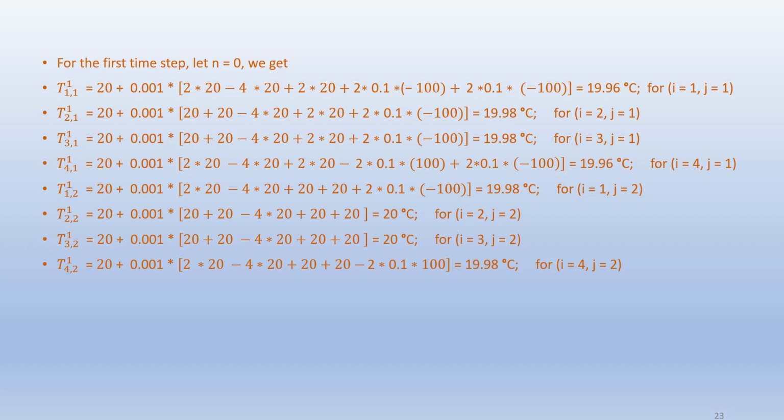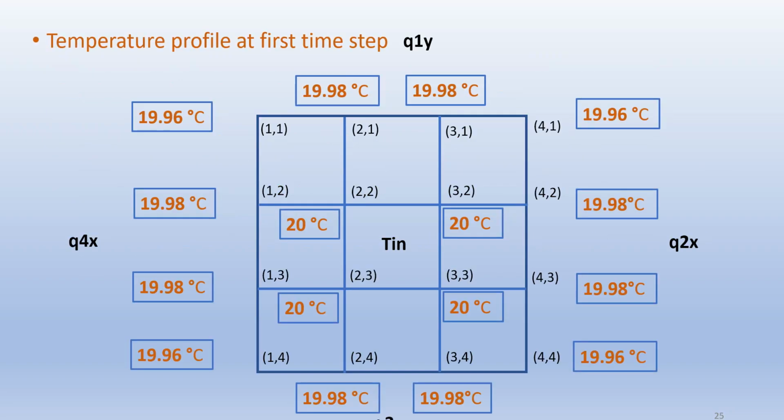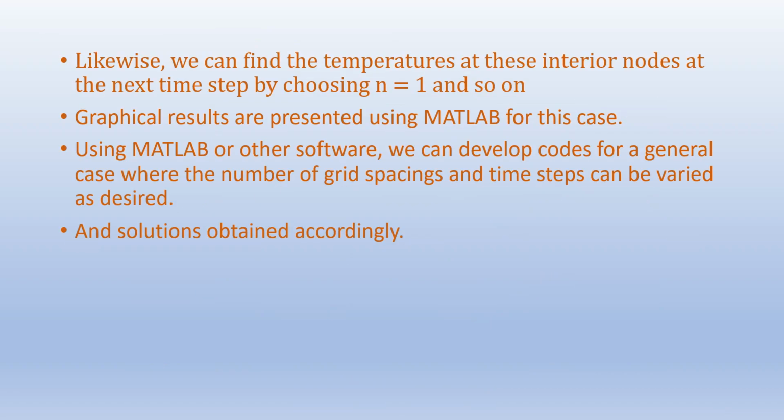Accordingly, we can solve the temperature at these 16 nodes for the first time step, and it is represented in the sketch. Likewise, we can find the temperatures at these interior as well as the boundary nodes for the next time step by choosing n equals 1 and so on.